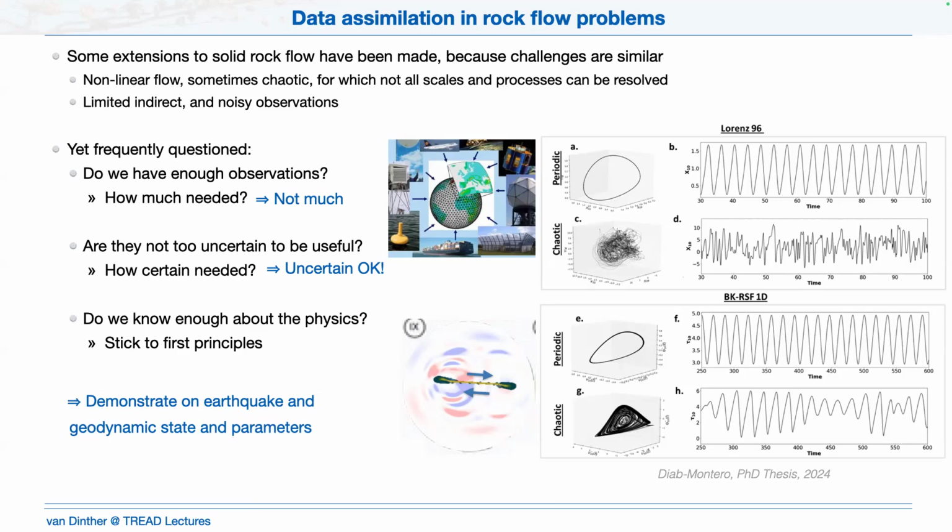And some people might argue that we definitely don't know enough. So my approach simply is to stick to the first physical principles: conservation of mass, momentum, energy. These are things that we know about physics, and we know them to be the most reliable and the best we can do. So I start with that.